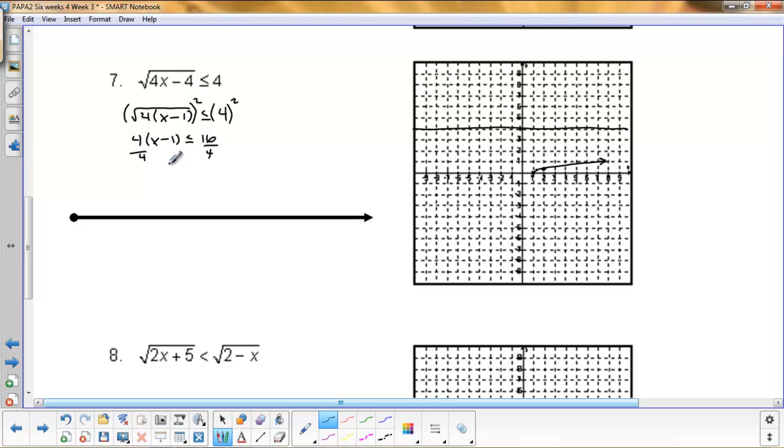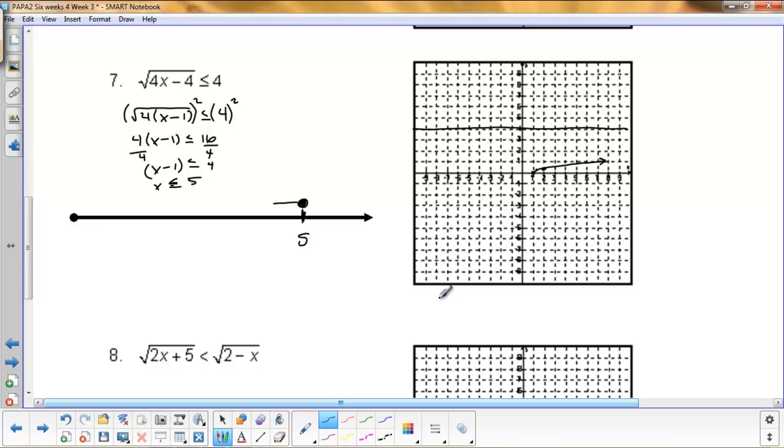Divide by 4, x minus 1 less than or equal to 4, x less than or equal to 5. So on my number line, I'll go ahead and begin at the number 5. It will be a closed circle, and it will go to the left.